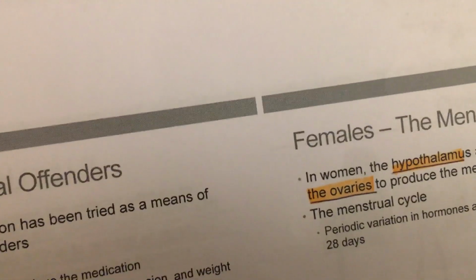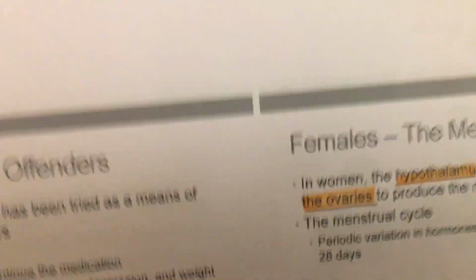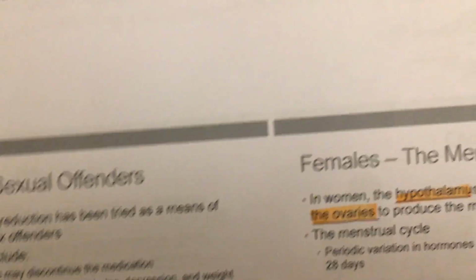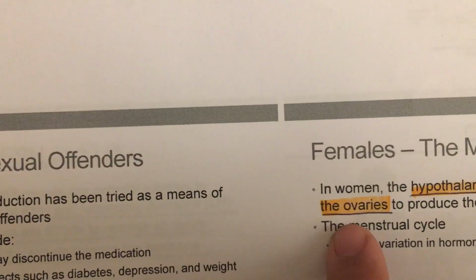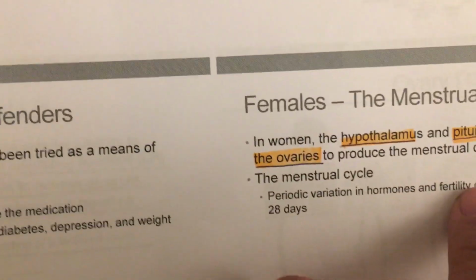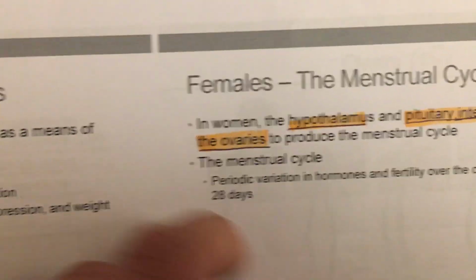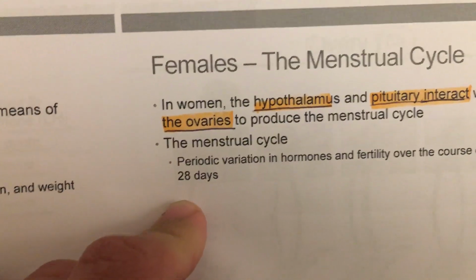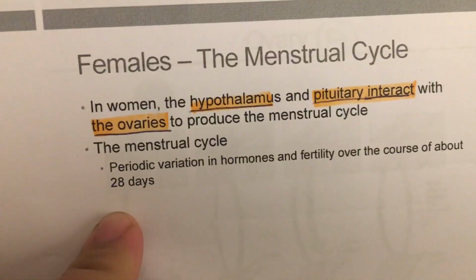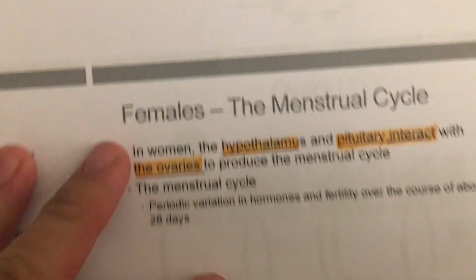Females, the menstrual cycle. In women, the hypothalamus and pituitary interact with the ovaries. Hypothalamus, pituitary, ovaries. The menstrual cycle involves periodic variations in hormones and fertility over the course of about 28 days.